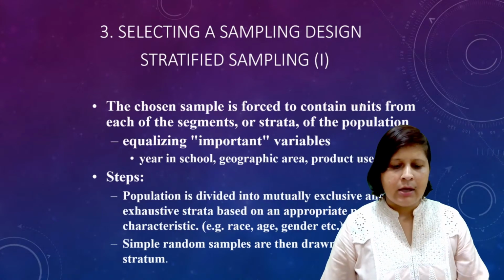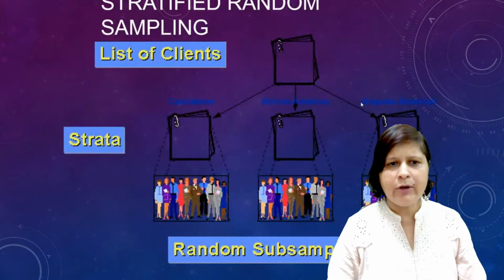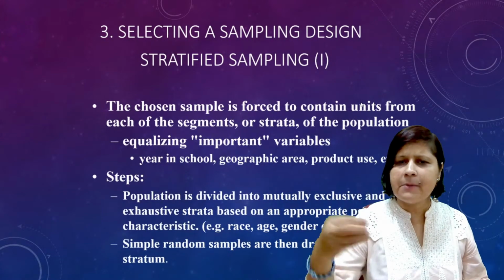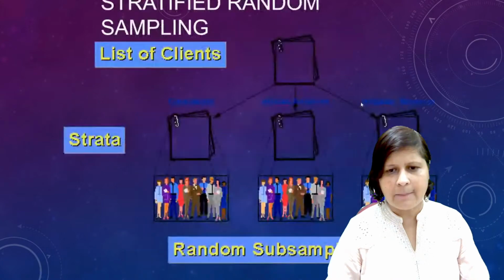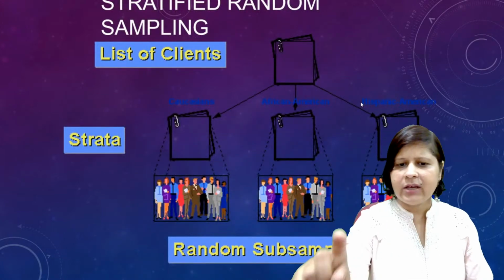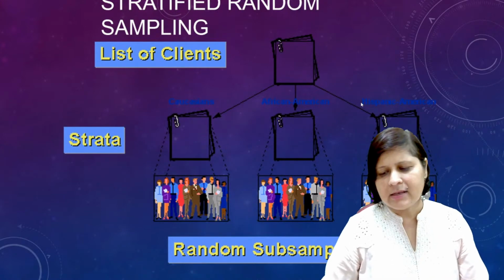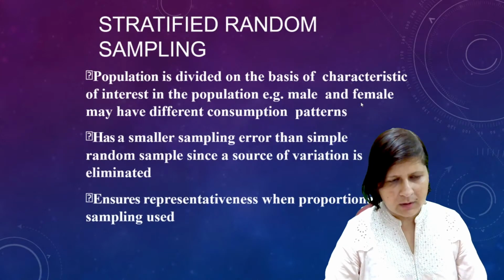right? Simple random samples are then drawn from each stratum. We divide into strata and then through simple random sampling, we select the samples, right? From the list of clients, we have a stratum and a random sample, that is n upon N. Simple random sampling is applied, right?